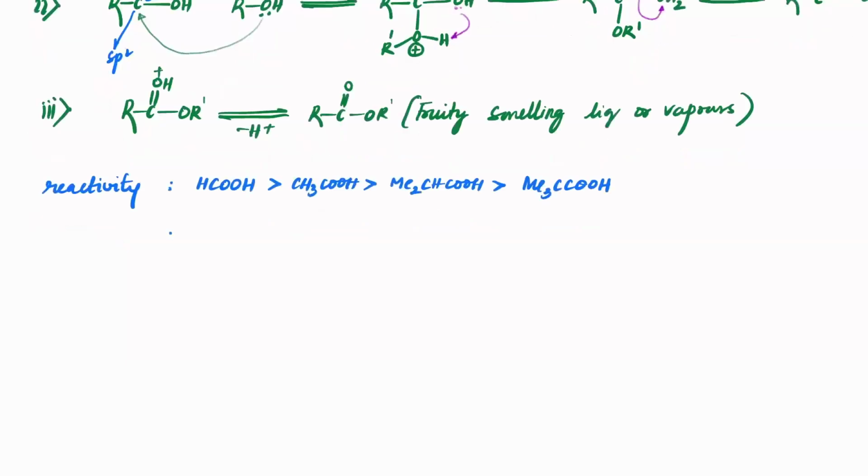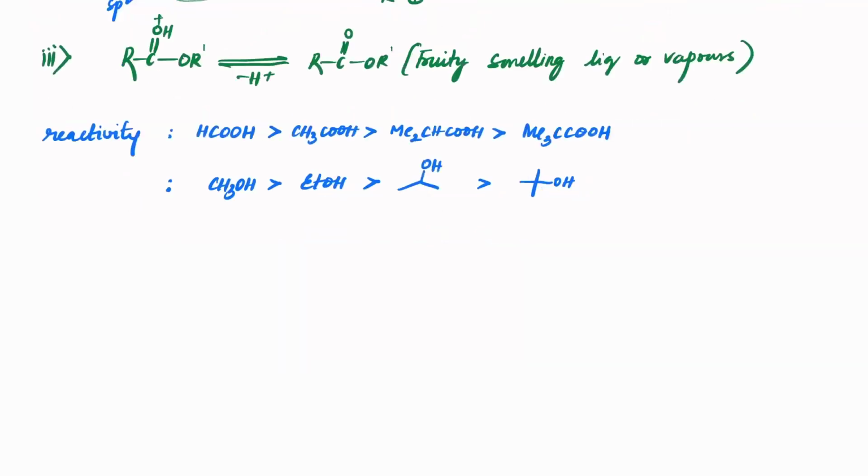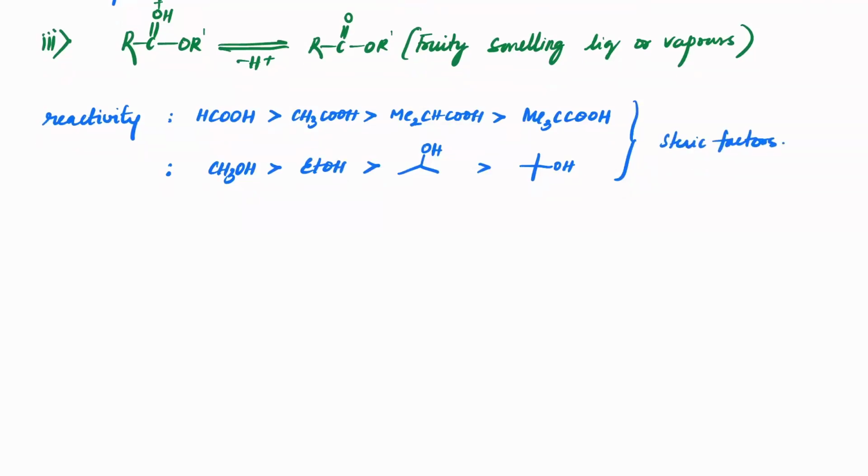And the same goes with alcohols also. In alcohols also, CH3OH will be more reactive than ethanol, which is more reactive than isopropyl alcohol, which is more reactive than tert butyl alcohol. Okay, this is how the reactivity happens. So both are steric factors. Steric factors are the reason why the reactivity decreases as the alkyl group increases.